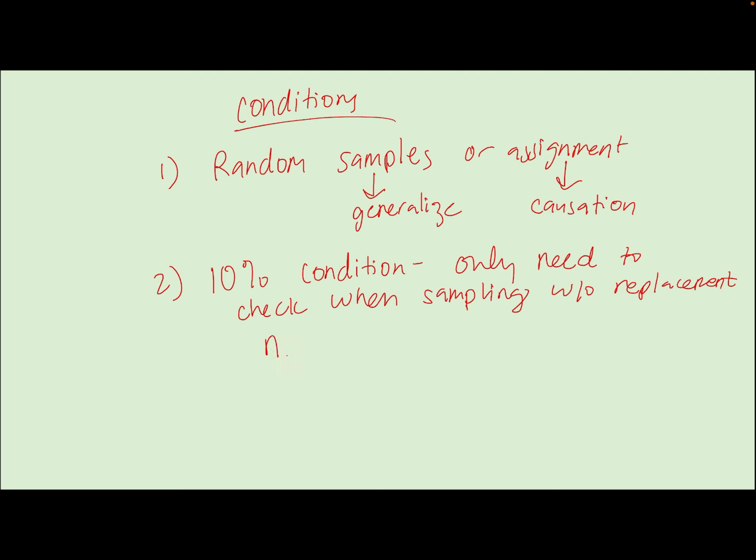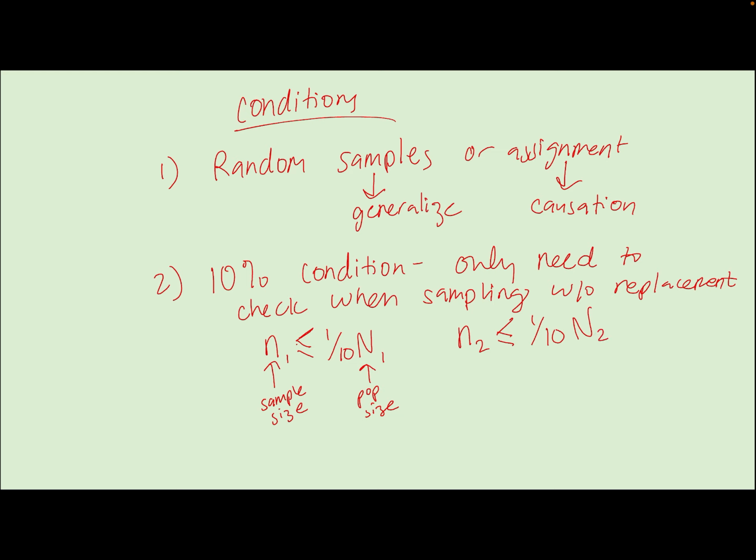So I'm going to check that my first sample is less than or equal to 1/10 of my first population. Lowercase n is your sample size. Capital N is population size. Okay, and then we also have to check that for our second one. Our second sample has to be less than or equal to 1/10 of our second population.